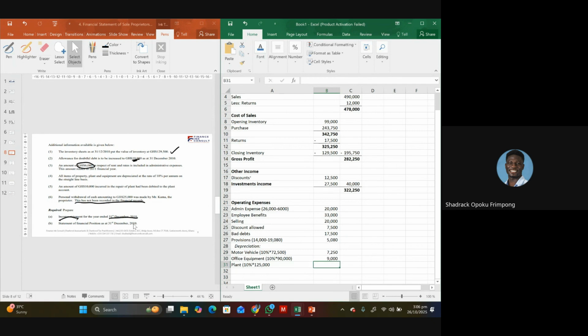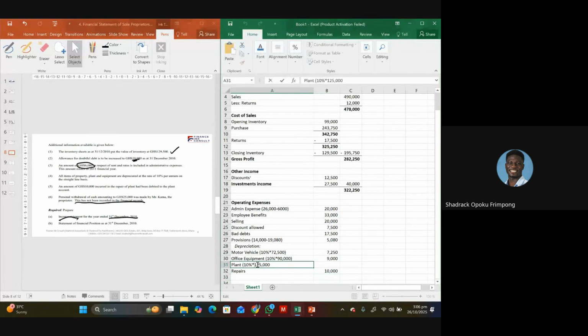Now the last one, we have to do a similar thing, but there was additional information. The examiner said that an amount of 10,000 incurred in the repair of plant had been debited to the plant account. So it means we have repairs of what? 10,000. Now that 10,000, we have added it to the cost here.